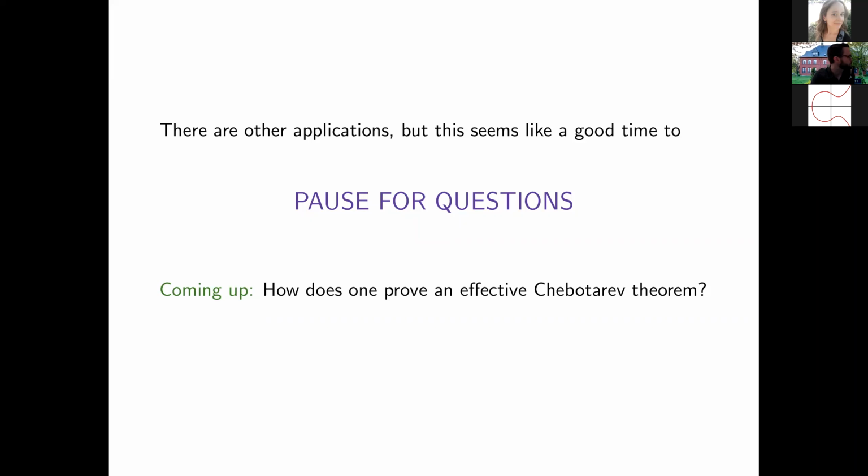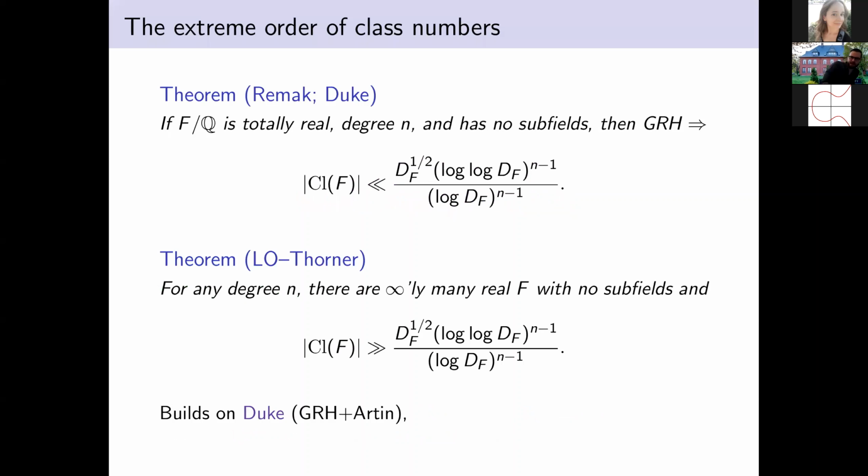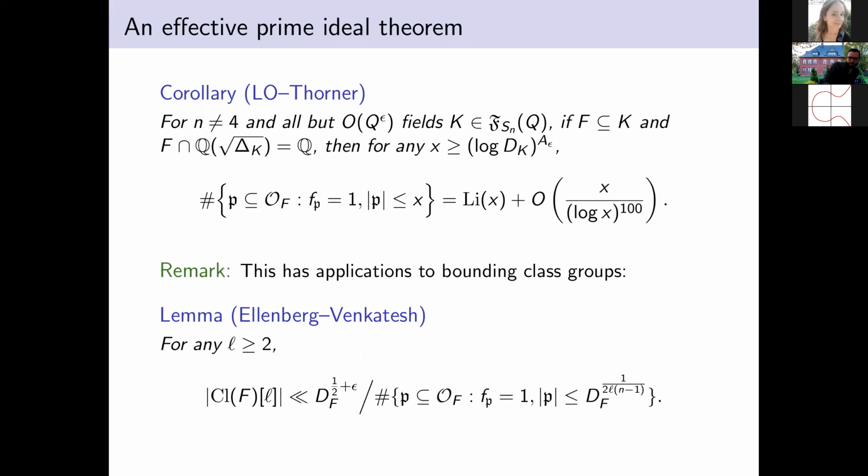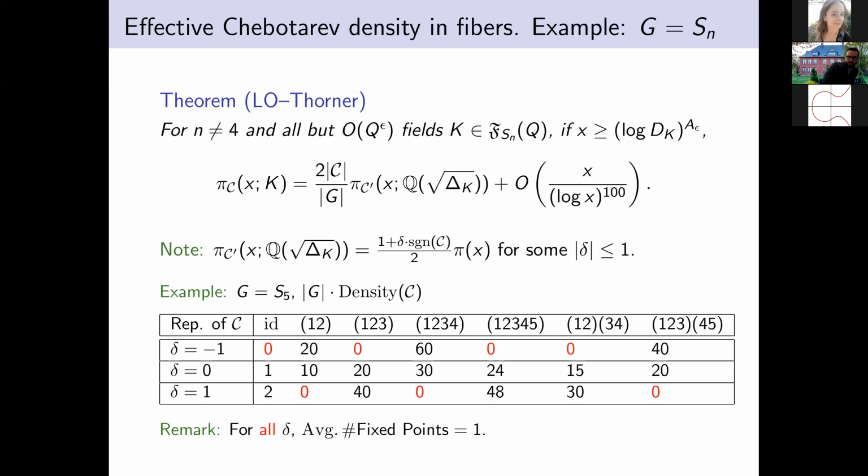Okay. Oh, so there's one question just popped up. Can you say a bit more about where the delta comes from? Sure. The delta is this delta. Essentially it's a parameter that controls how far off from equidistribution the primes in this quadratic subfield are, the subfield that we're discarding the information about.